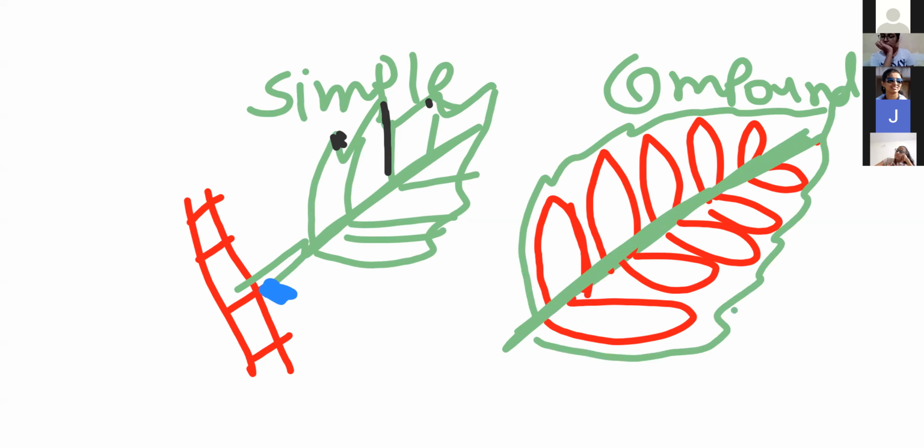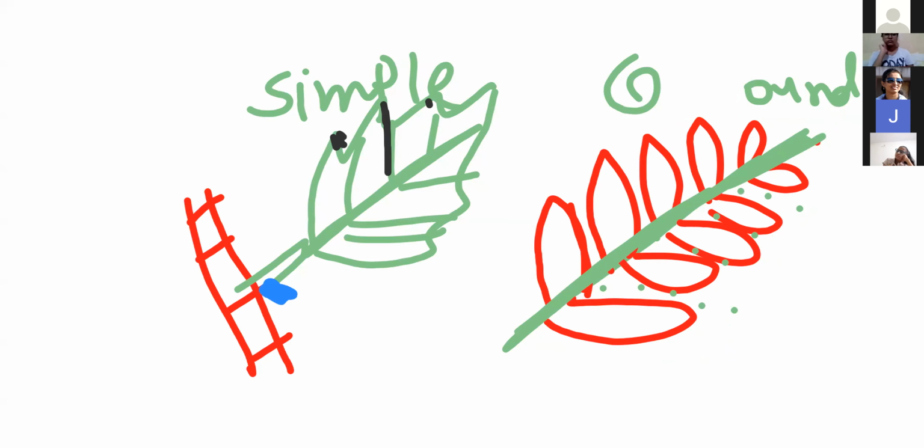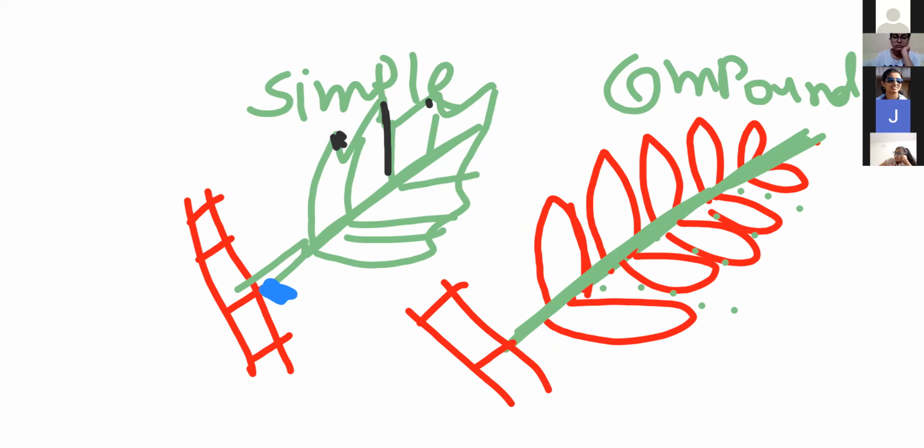But here the incision reaches to the midrib, meaning cuttings occur up to the midrib. And due to those cuttings, now the entire leaf is dissected into small leaflets, and that's why we call it a compound leaf. What is the basic difference between this compound leaf and simple leaf? Here, this is the stem axis node. See, how can we tell, since even this leaflet looks like a leaf?